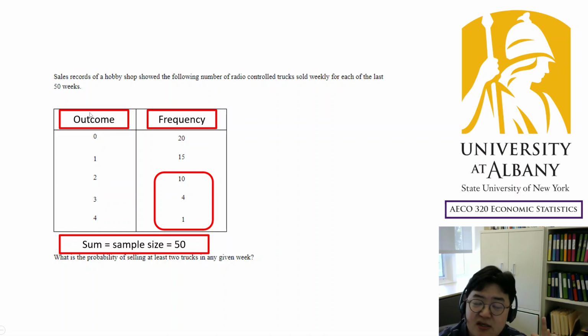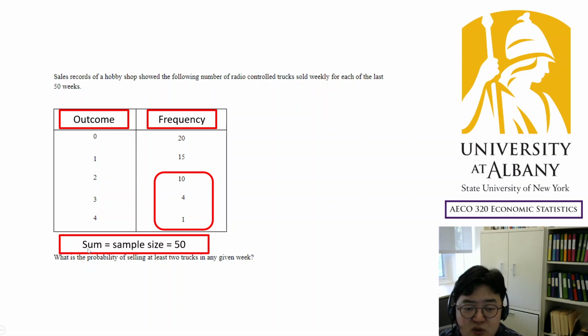So basically it is a frequency table. From the frequency distribution table, you would like to calculate the probability of this event, an event that includes 3 possible outcomes: 2 or 3 or 4.